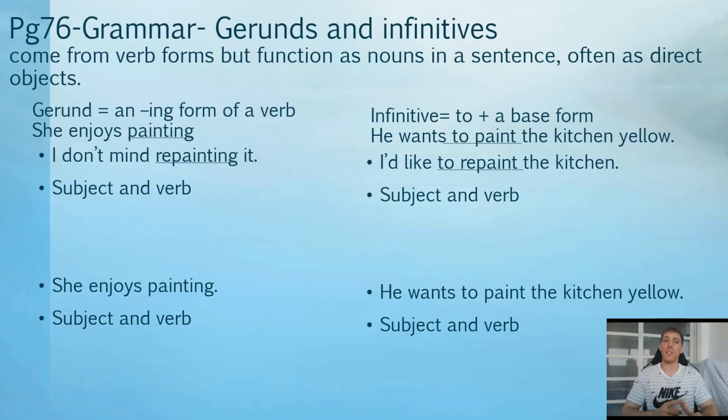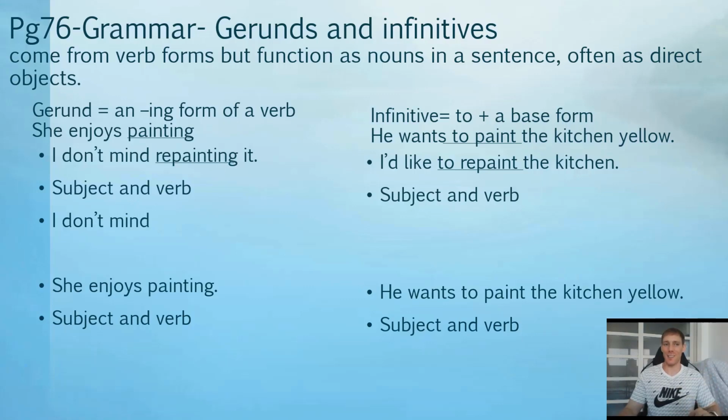So for example, she enjoys painting. I don't mind repainting it. The subject is I. The verb is don't mind. Repaint, ing like that, makes it the gerund.